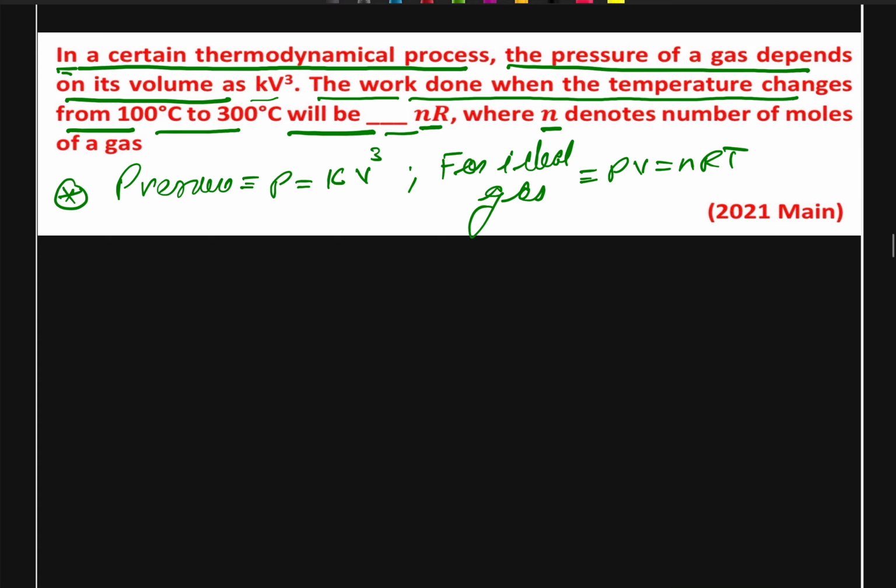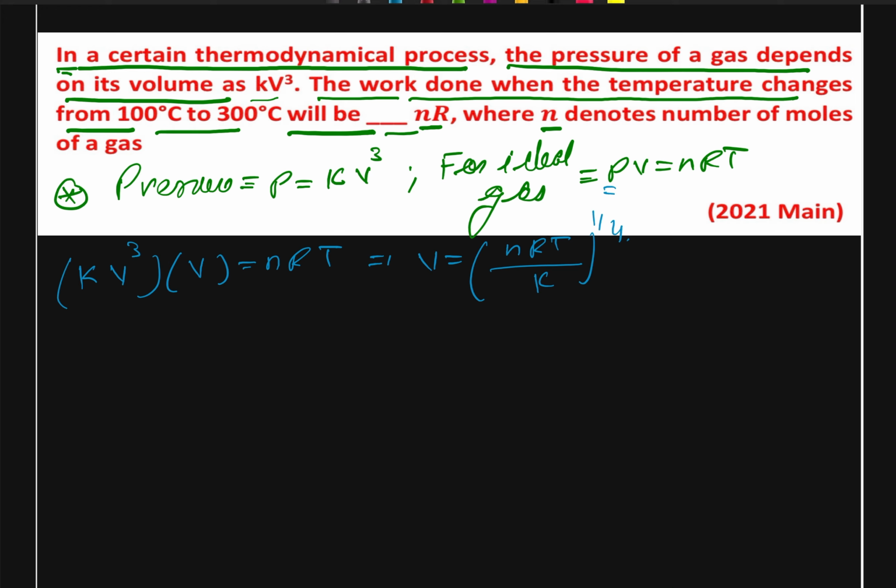So we substitute P, we get this as kV cube times V is equal to nRT. So from here we can say that our volume V will be equal to nRT upon K, and this comes as the fourth root.